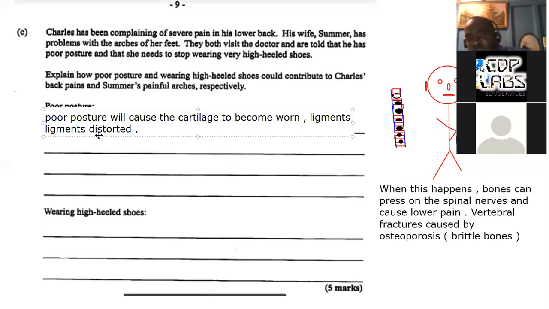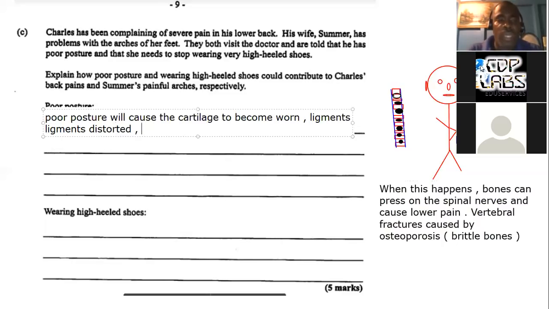So the bones are going to start rubbing together, and they're going to start pressing onto the spinal nerves. So when the cartilage is worn, the bones press onto the spinal nerves. And that will cause what? Lower back pain. Thank you very much, Mona. All right, very good.